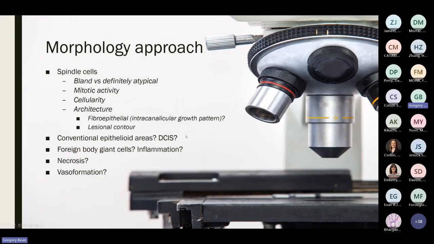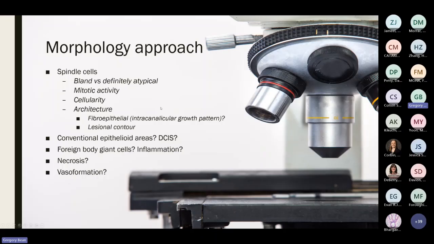So morphologically, when you first look at a slide, you can first assess the spindle cells, and I often group them into two categories: bland versus definitely pleomorphic. Look for mitotic activity, cellularity, which can range from mild to marked, the architecture that's being formed.